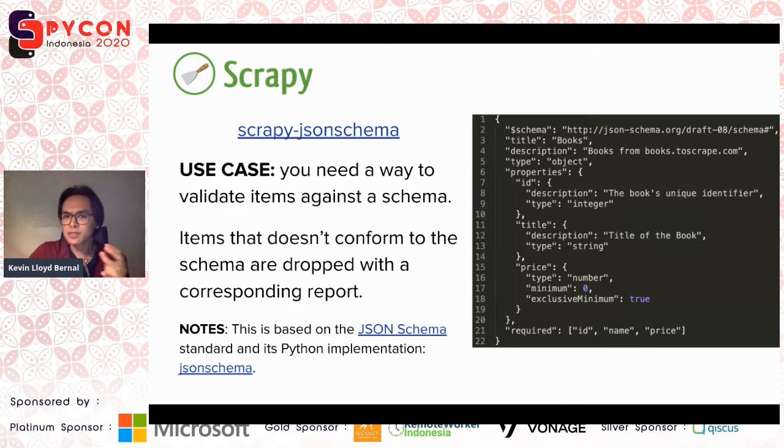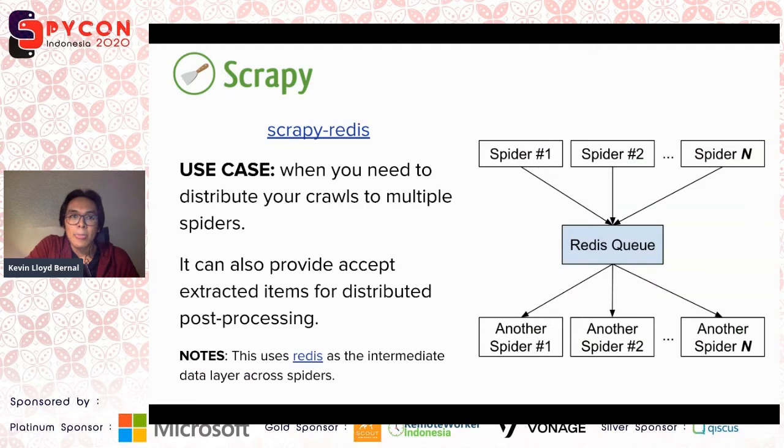If any of these rules are violated for a given item, it gets dropped, and a corresponding report in Scrapy is sent out. So you'd actually know the problematic items out there.